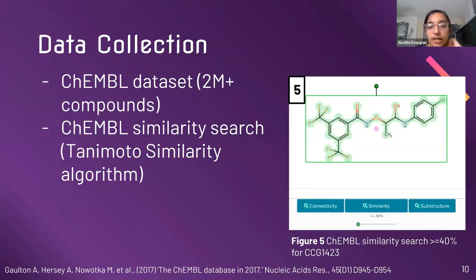And so that gave us about 84 compounds to work with at a 40% similarity threshold. And with those 84 compounds, we were able to do clustering. And after clustering, we narrowed it down to 10 compounds, which we used for molecular docking. Did that answer your question?